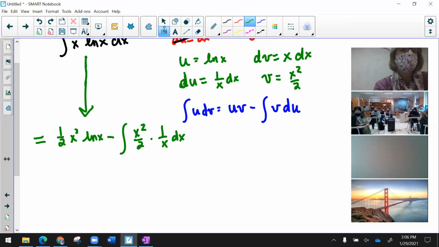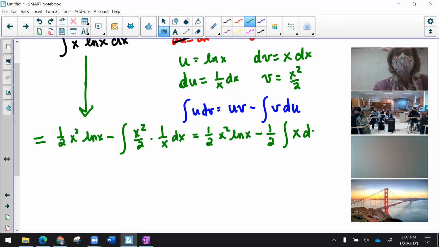Not too bad, right? Because I can combine my x squared and my 1 over x. So this becomes 1/2 x squared natural log of x minus, I've got a half out there, integral of x dx, right?